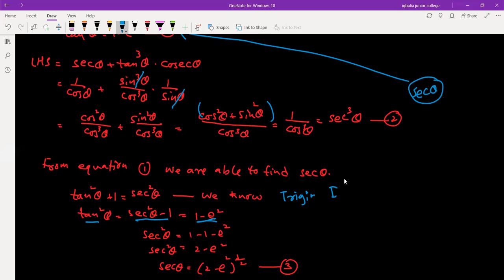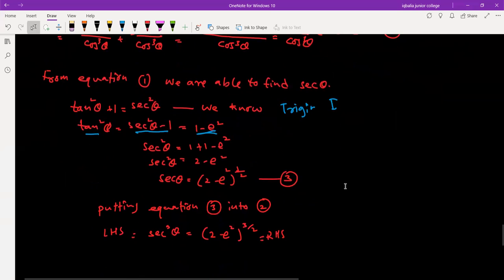If I take sec square theta on the left hand side, then this will be positive. So here I will have sec square theta equal to 2 minus e square.